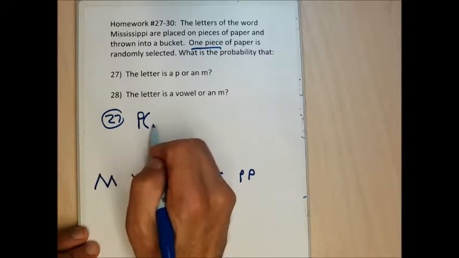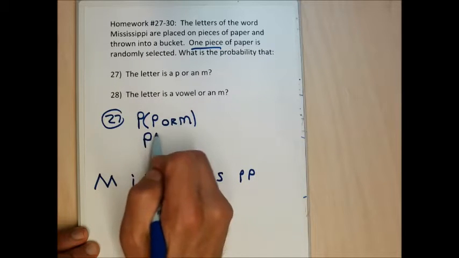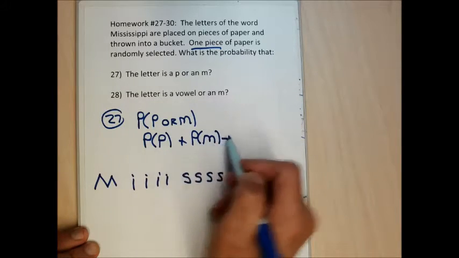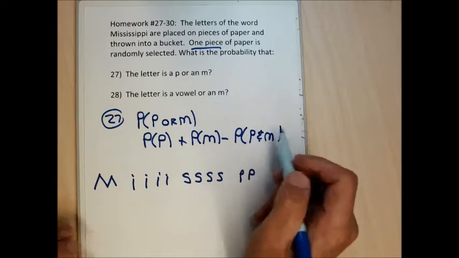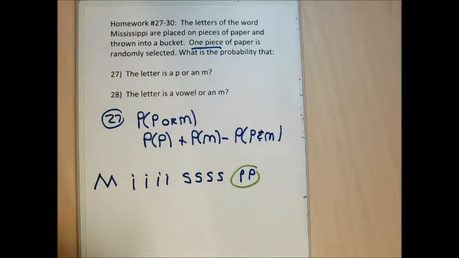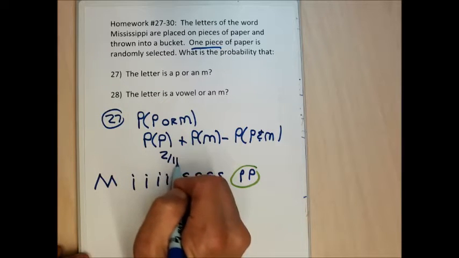So the probability that I get a P or an M is the probability that I get a P plus the probability that I get an M less the probability that I get a card that's a P and an M. Let me do the P first. The numerator is going to be 2. The denominator is going to be 11 because there's 11 letters in the word Mississippi.